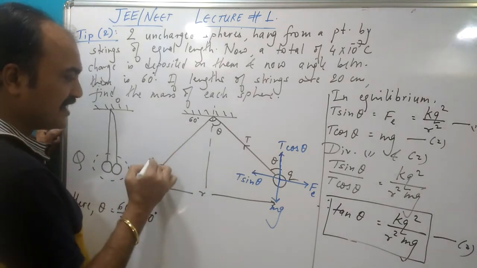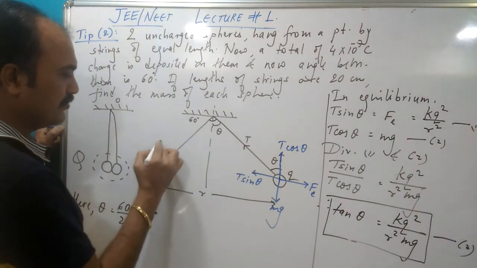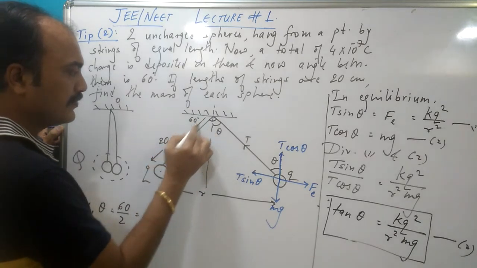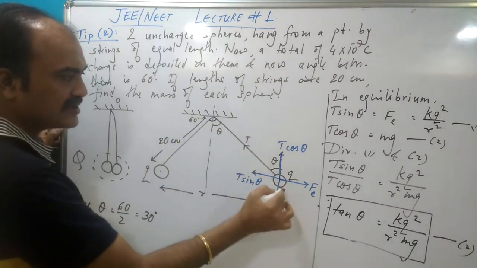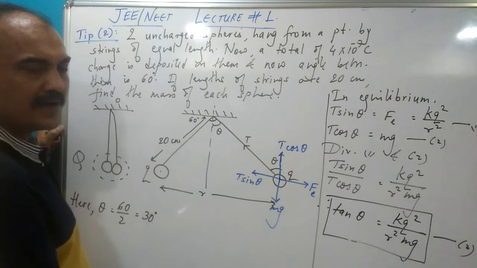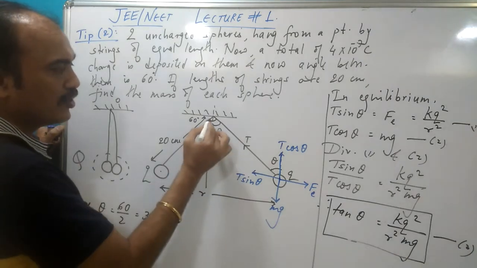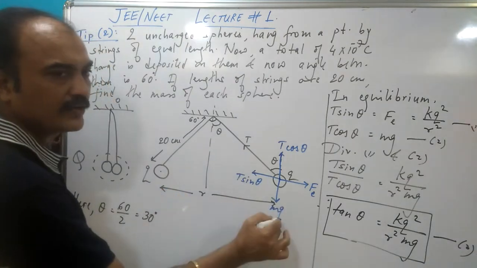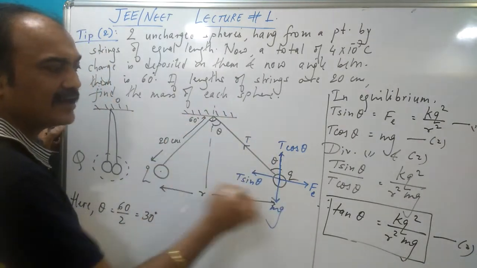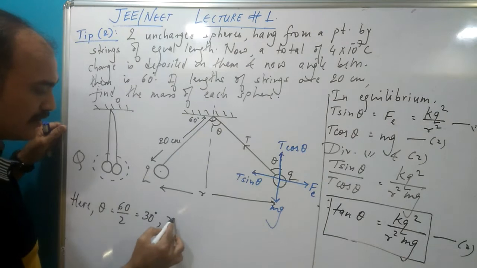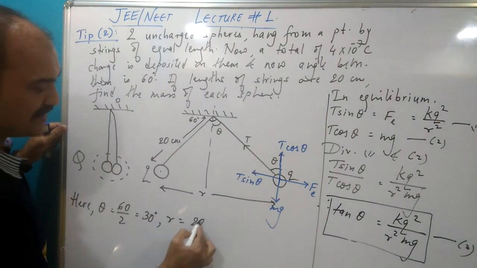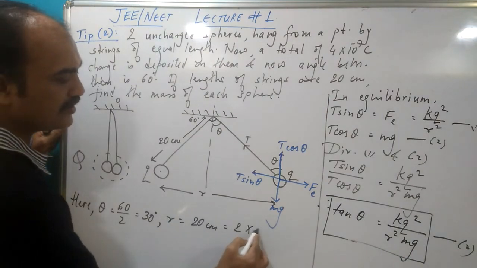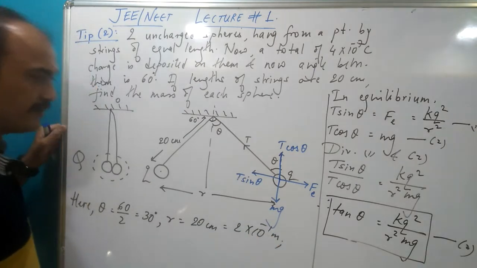Also, these strings are 20 centimeter long. This is 20, this is 20. And if you are a mathematics aficionado, you know this is 60, this is 20, this is 20. This has to be 20 because this is an equilateral triangle. So R is also how much? 20 centimeter, which is 2 into 10 raised to minus 1 meter.